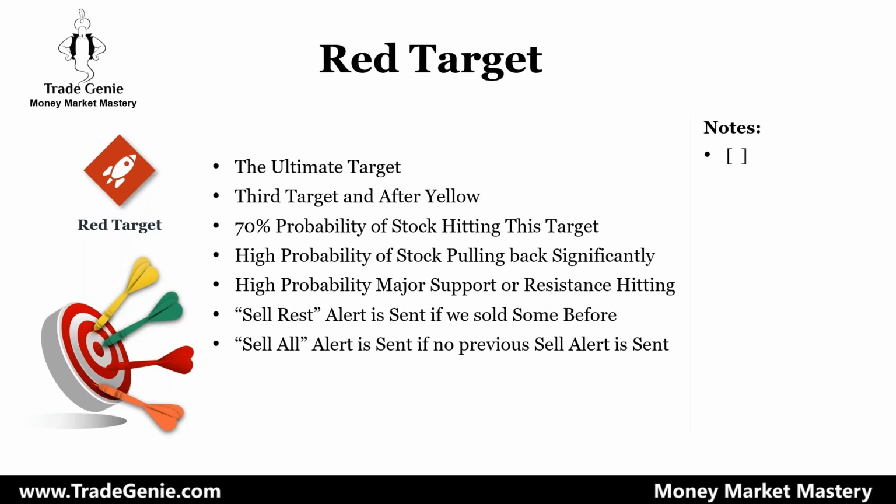So CRM, let's say we entered at 164, 165, and then we got lucky. Our red target was 175, and then came earnings, and it went to 187. It opened at 185 after hours. It started trading, and I said, oh, 185, let me see my revised target. So I revised it to 187.